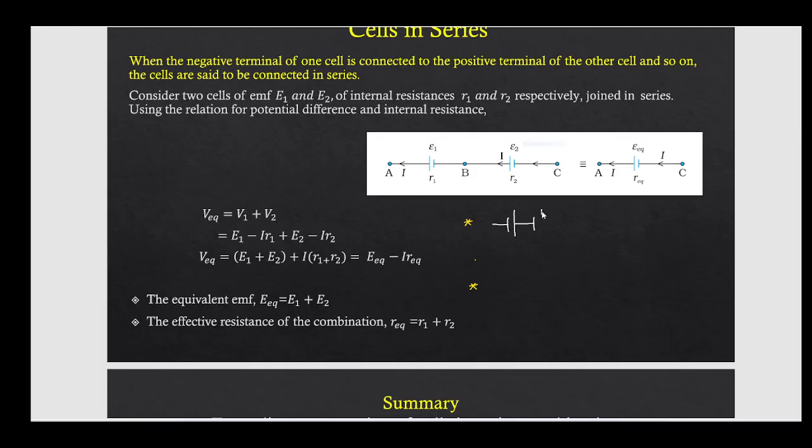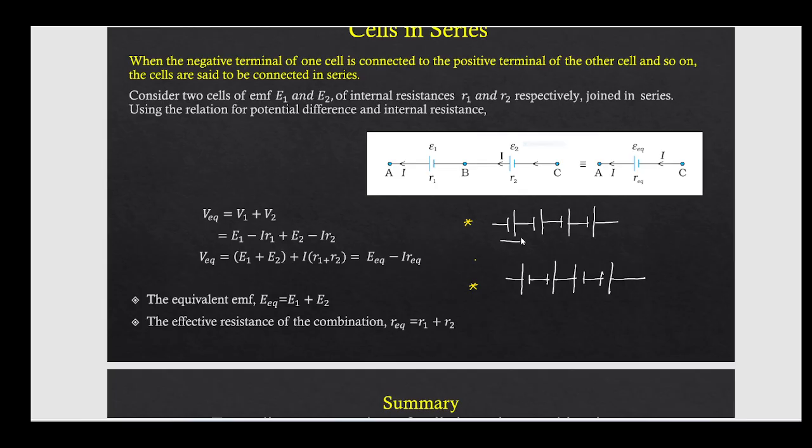If positive terminal is connected to negative terminal and positive terminal is connected to negative terminal, this is called one way of connecting in series connection. Another way is negative to negative only, positive to positive only, or you can exchange also. So like this in different ways you can write this.